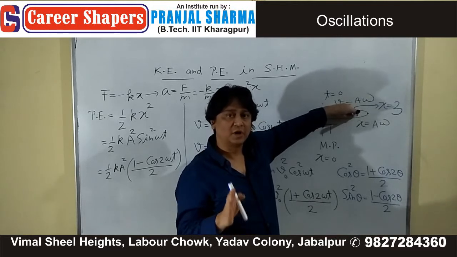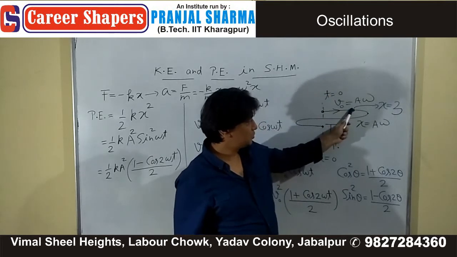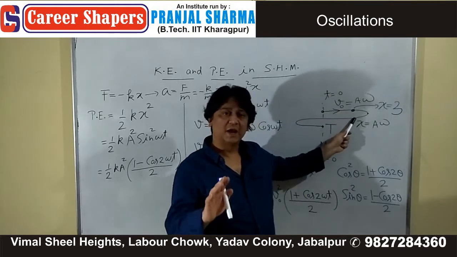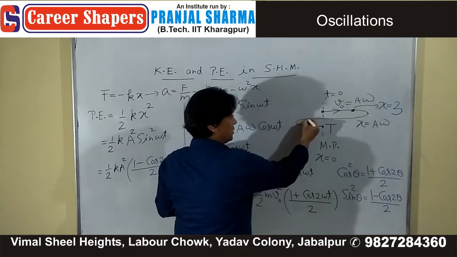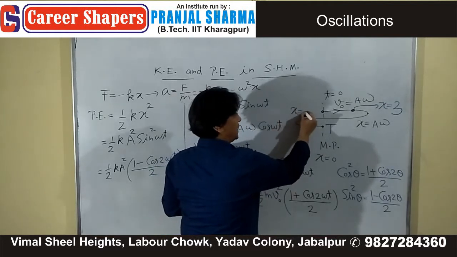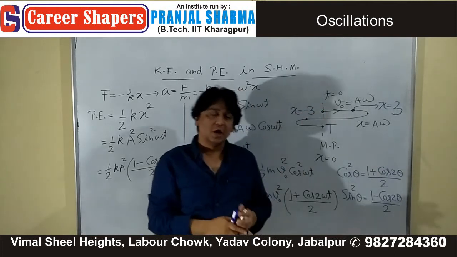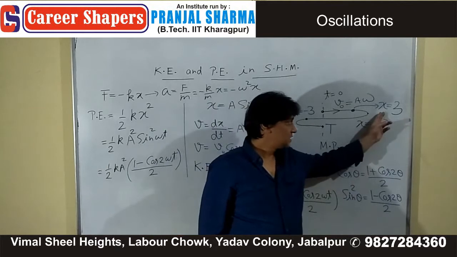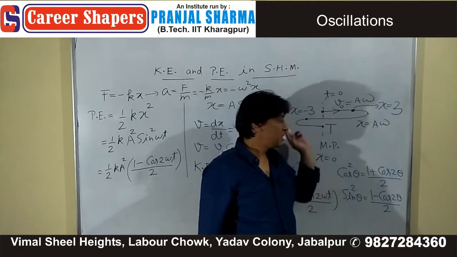It's not minus 3. You are again on the right hand side. And therefore, for this position and for this position, x is 3. When you come somewhere here, your x coordinate will become minus 3.